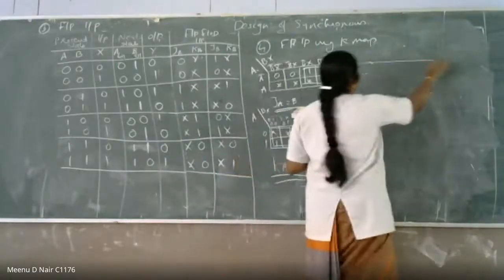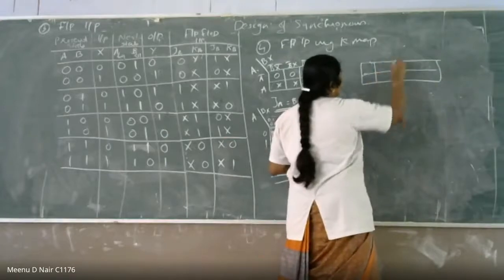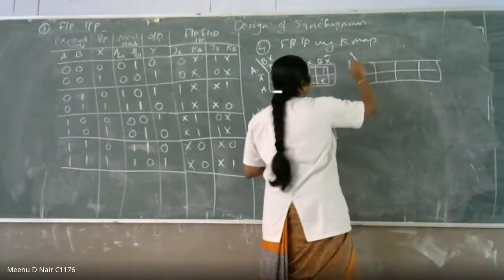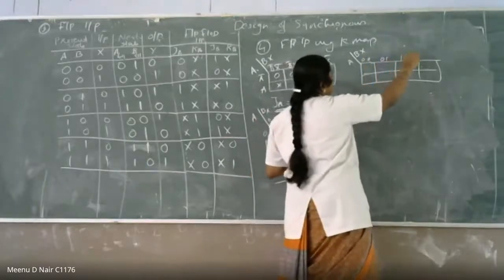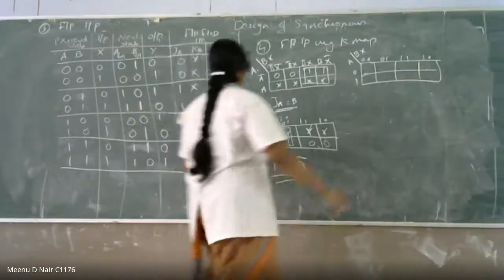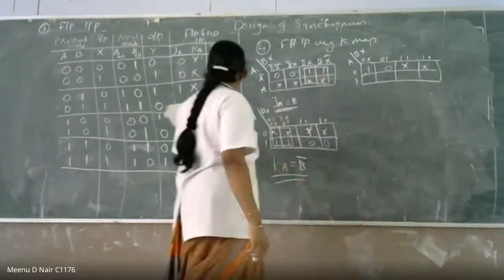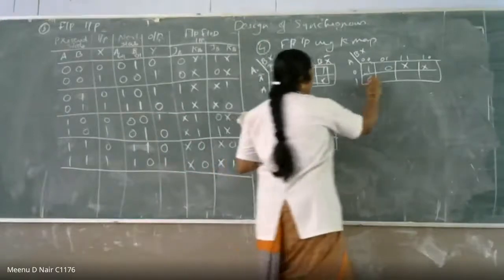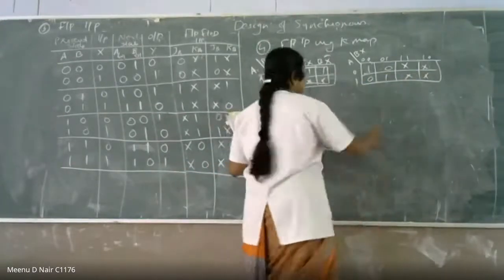Similarly, you are going to see what is JB, KB. This is A, BX, 0, 0, 0, 1, 1, 1, 1, 0, 0, 1. So it is 1, 0, XX, 1, 0, XX, then 0, 1, XX, 0, 1, XX. So how to draw this one?